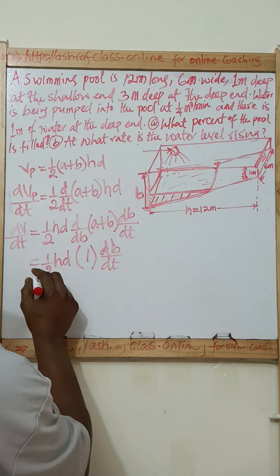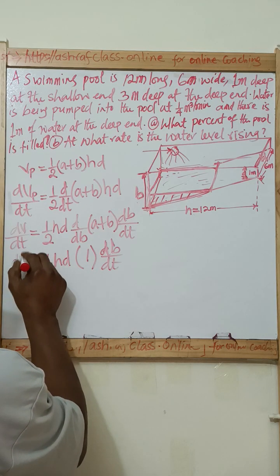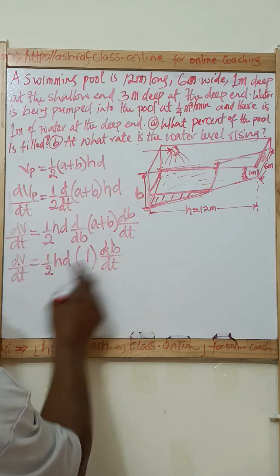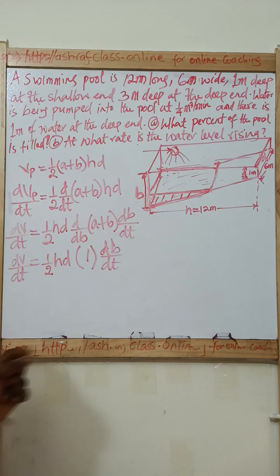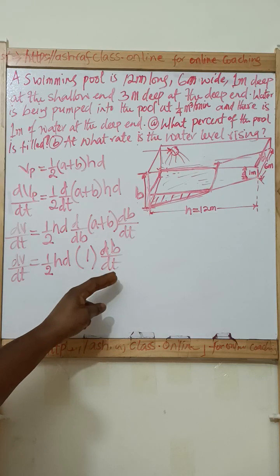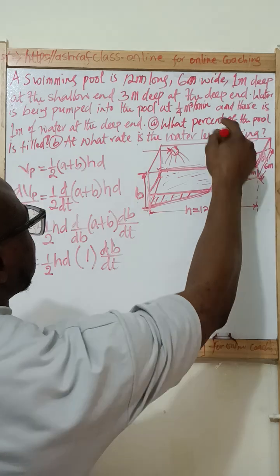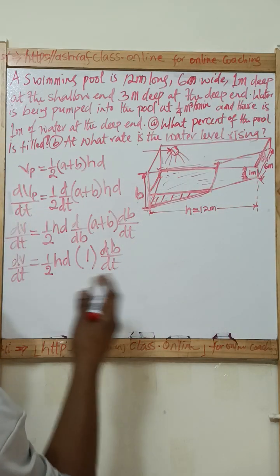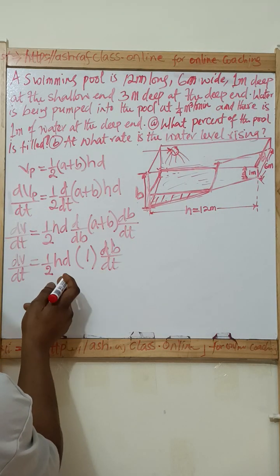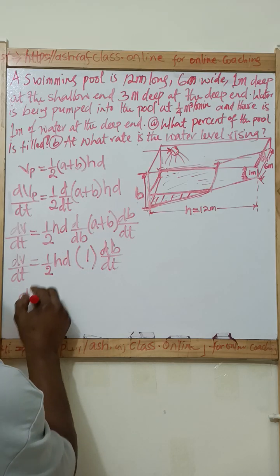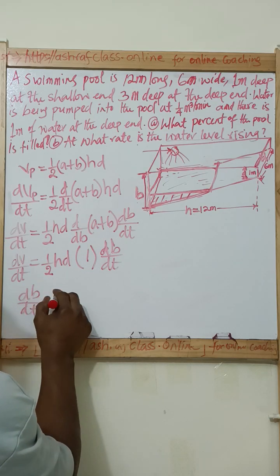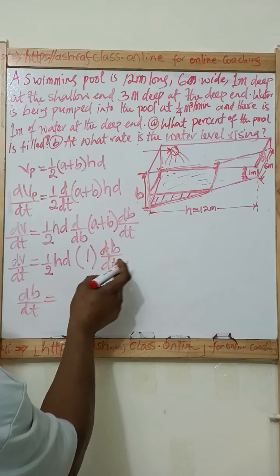Okay, now this is dV/dt. So what is now dB/dt? Because that is what we are asked to find in the question. At what rate is the water level rising? So dB/dt is what we're asked to find. So from here, if you cross multiply, dB/dt is going to be this one.